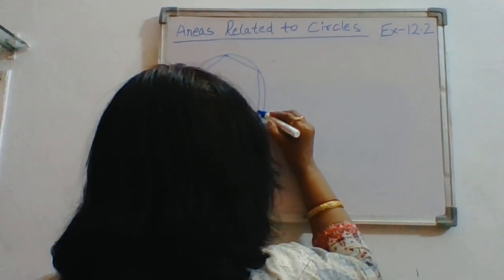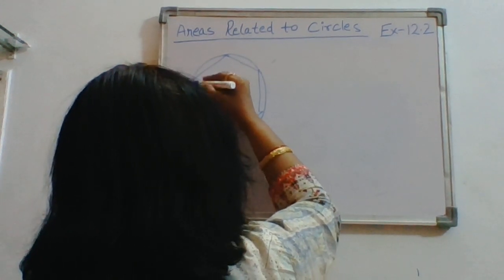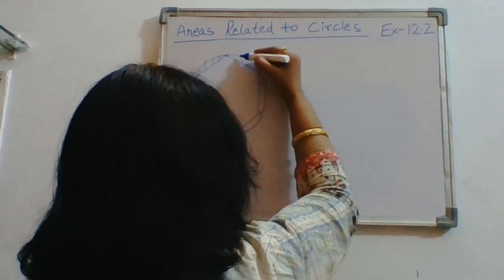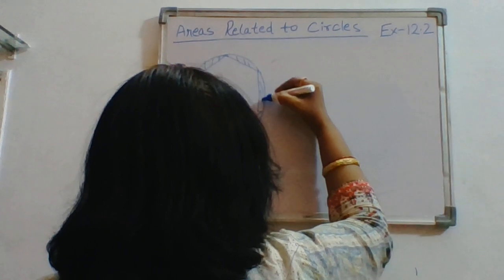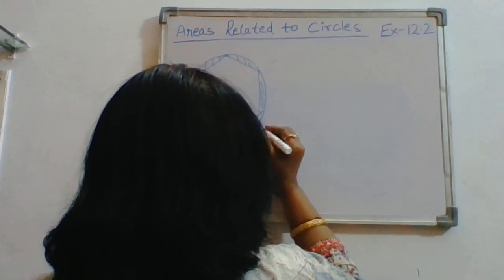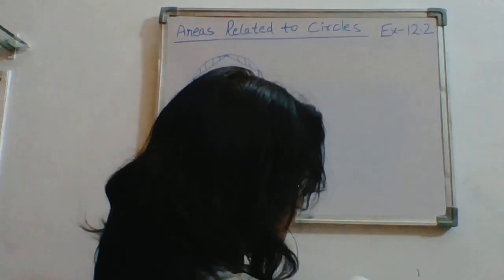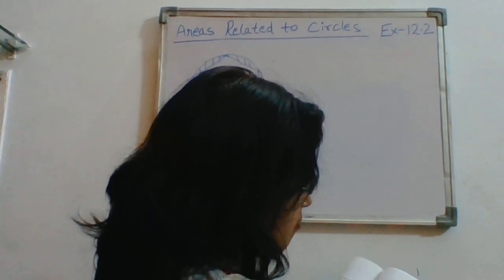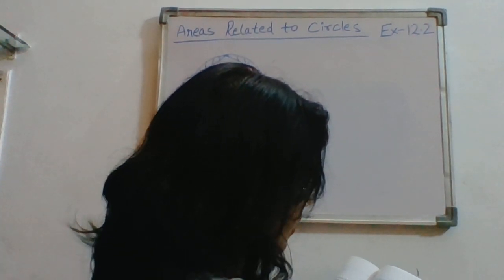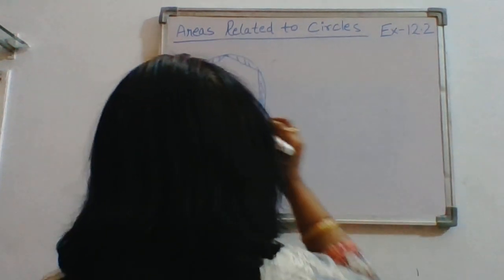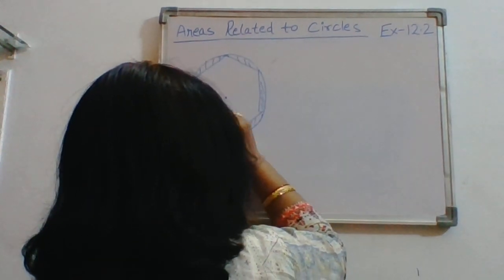This is your table cover and this is having 6 equal designs, each forming a segment of a circle, right? And the round table cover is having 6 equal designs and the radius is 28 centimeter, from the center of the circle.